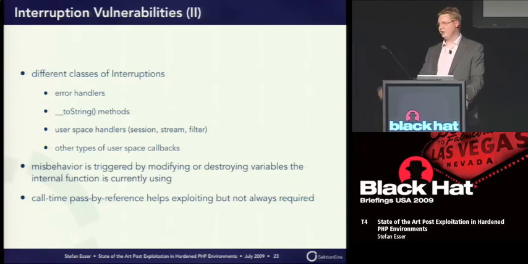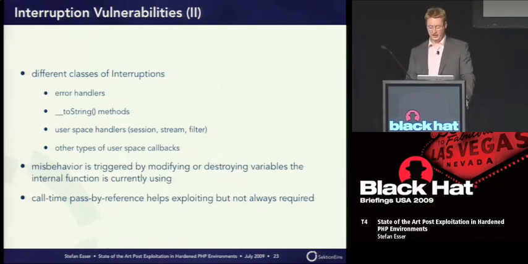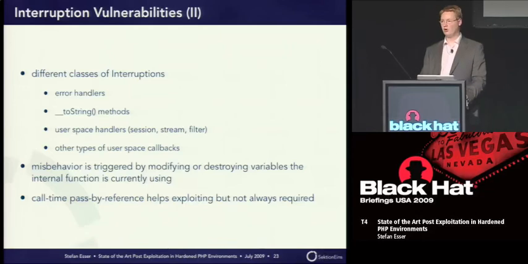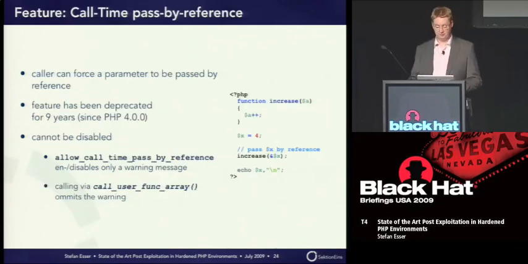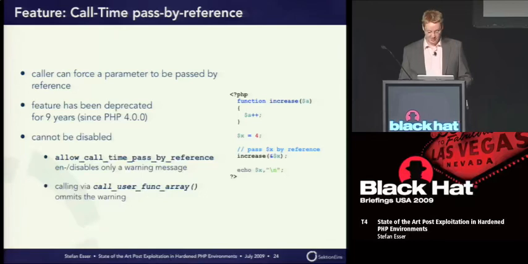Yeah, and the easiest way to disrupt the function is to modify, or really destroy, the variables the internal function is currently working on. And one feature of PHP that really helps with this, but it's not always required, is the feature called call time pass by reference. This is actually a very interesting feature because it has been deprecated for 9 years, since PHP 4.0, but there's actually no real plan to remove it.